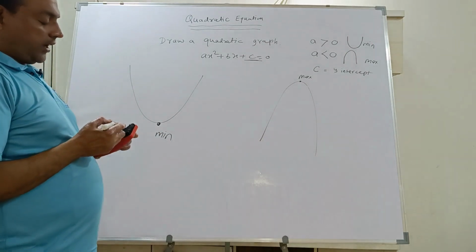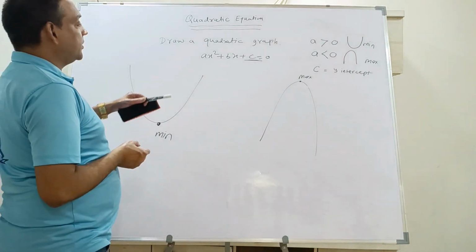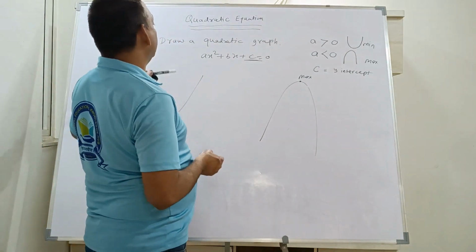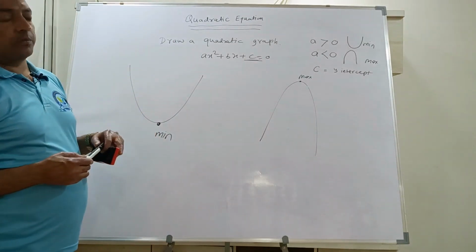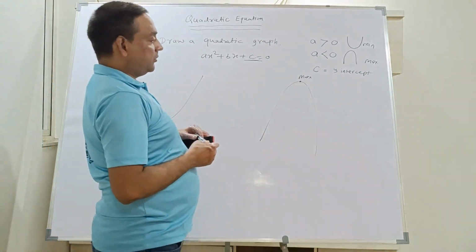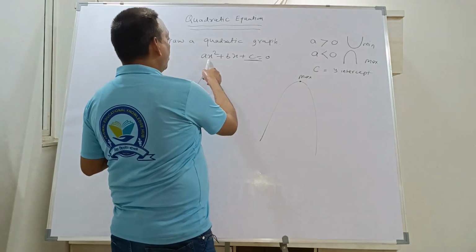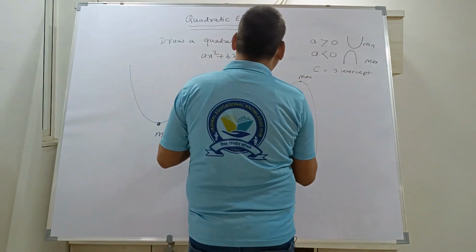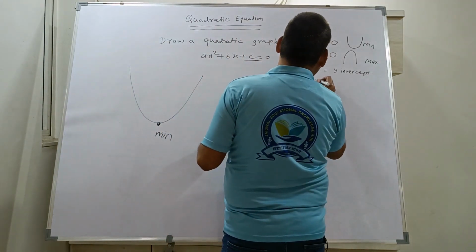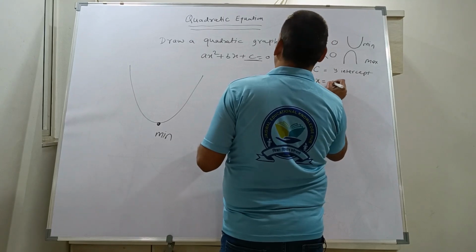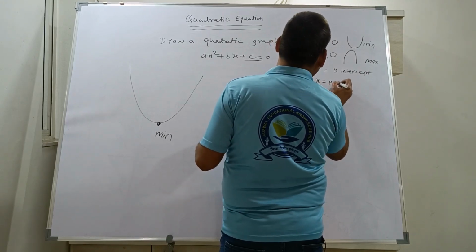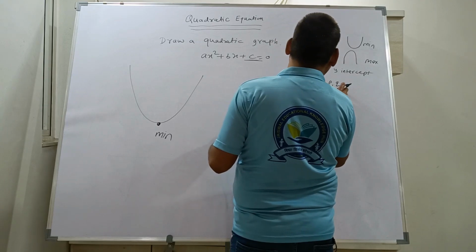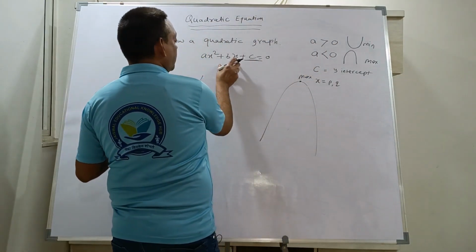And how to get the x-intercept? Whatever ways we used earlier, factorization, the formula method, completing the square, once we solve the equation, whatever x values we get, suppose we take the points P and Q, these are the solutions of the given equation.